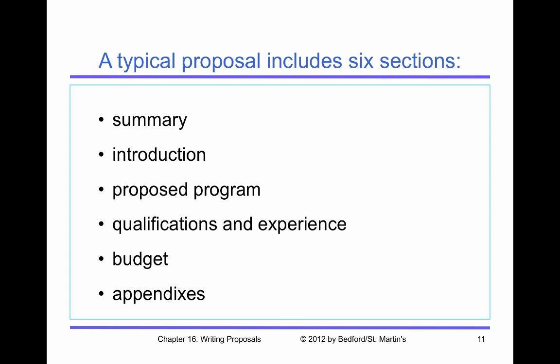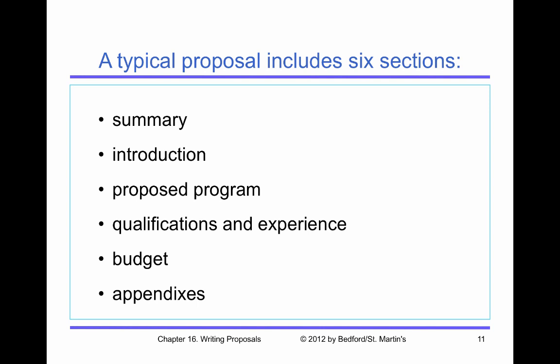Qualifications and experience, typically less than a page, and just a paragraph, and you can make reference to your resume and put that at the end. A budget is typically included. You're not required to do that for this assignment, but as I said before, I'm starting to rethink that because I think having a budget helps to ensure that we're doing the correct type of proposal.